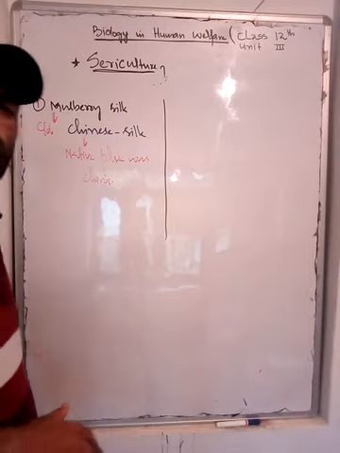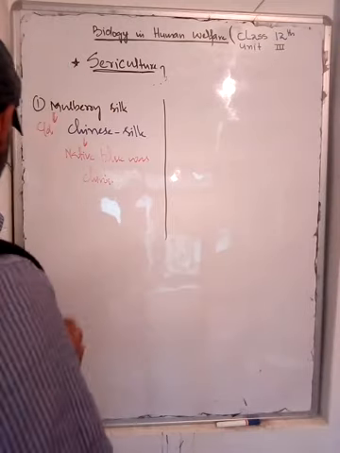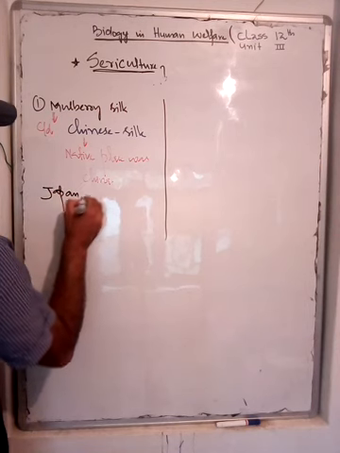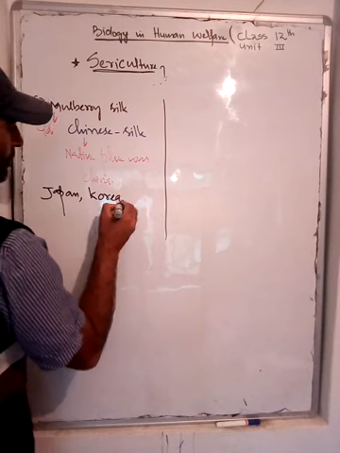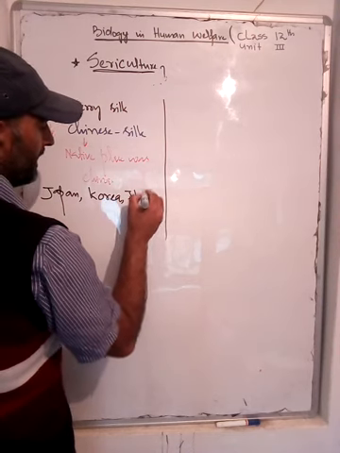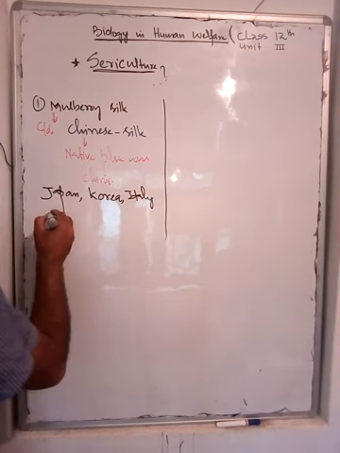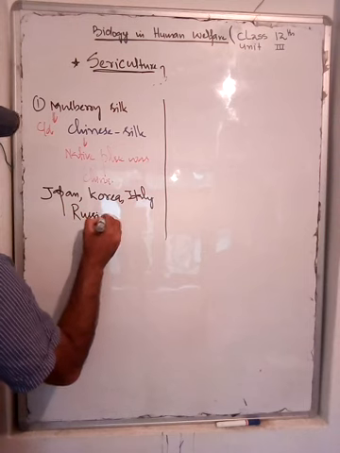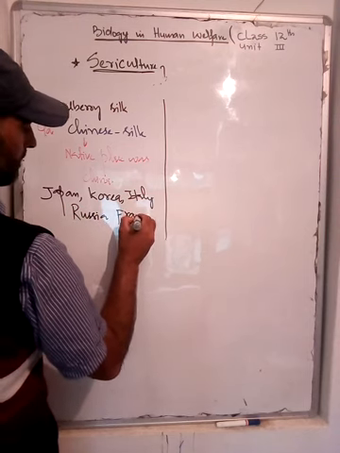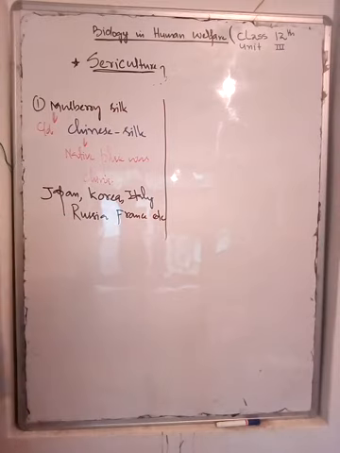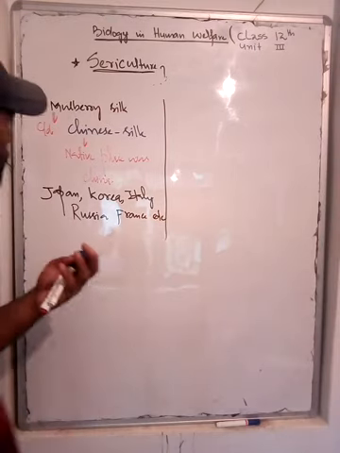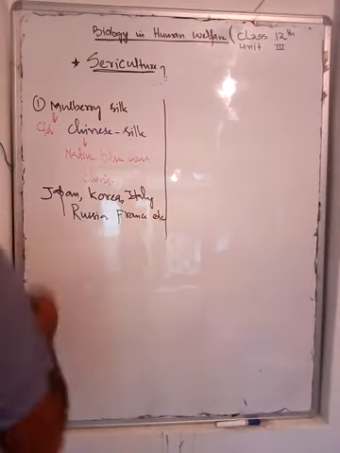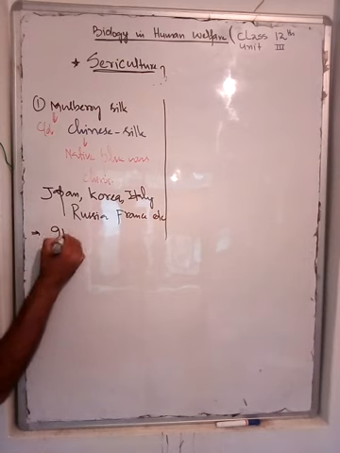But now it has spread throughout various countries like Japan, Korea, Italy, Russia, France, etc. Now let's look at which larva produces mulberry silk.